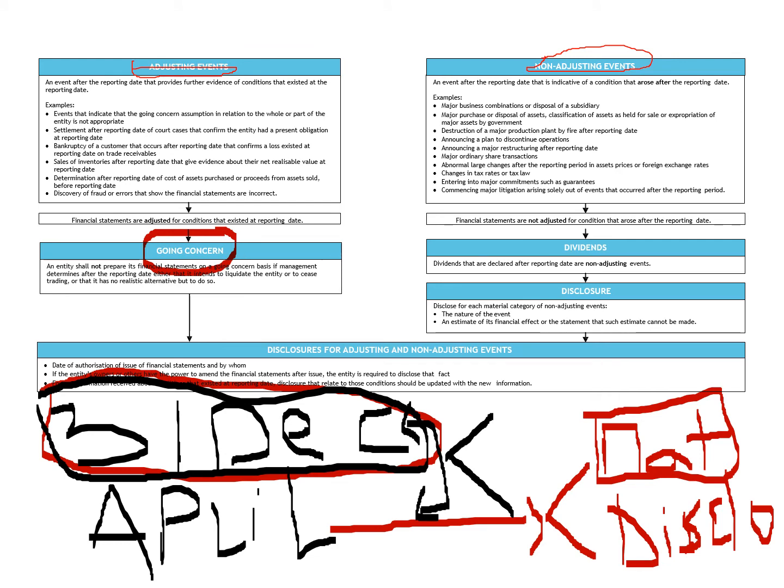So now how can we relate the conceptual framework definition of going concern and what has this concept to do with IAS 10?